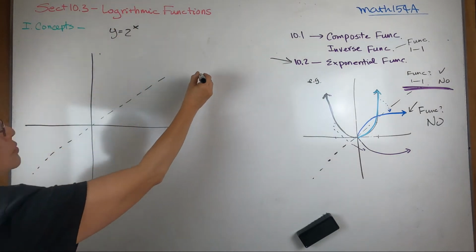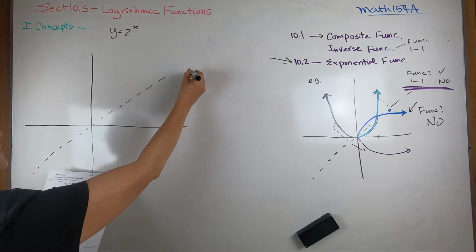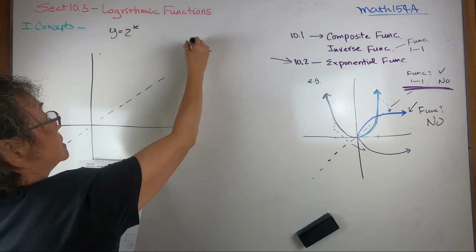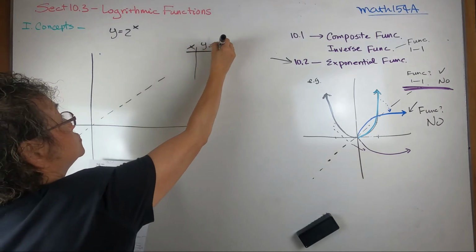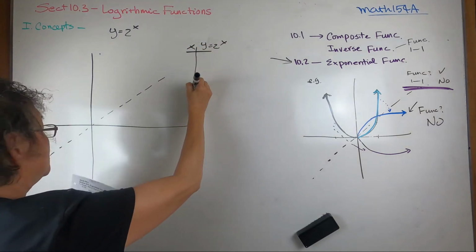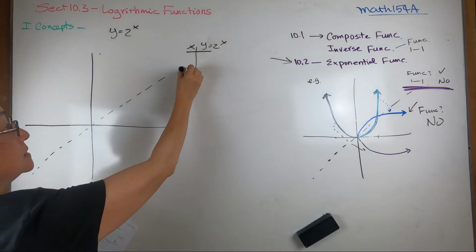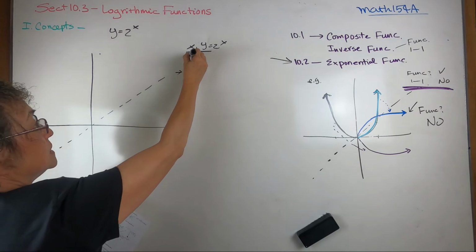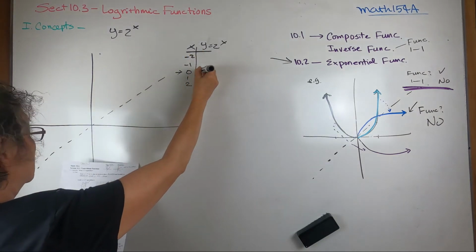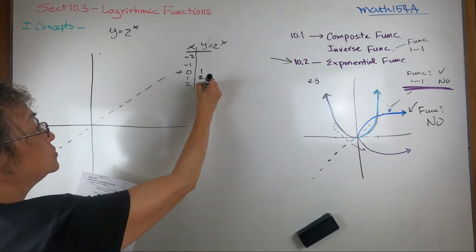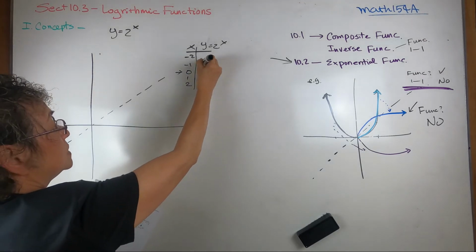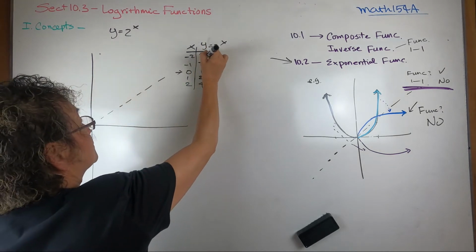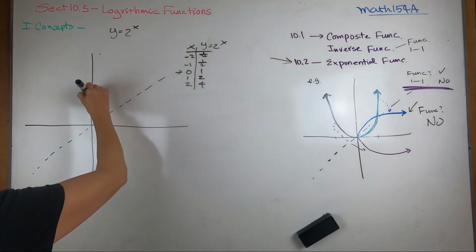If we do our t-table, y equals 2 to the x, which number do we put in the middle? We said 0, right? And 1 and 2, -1, -2. 2 to the 0 power is 1, then 2, 4. 2 to the -1 power, reciprocal, right? Half and 1/4. We had this before.